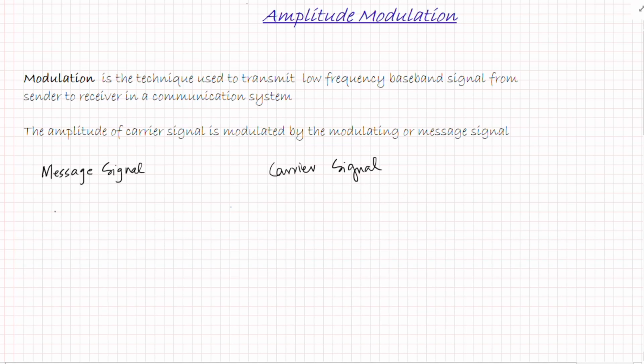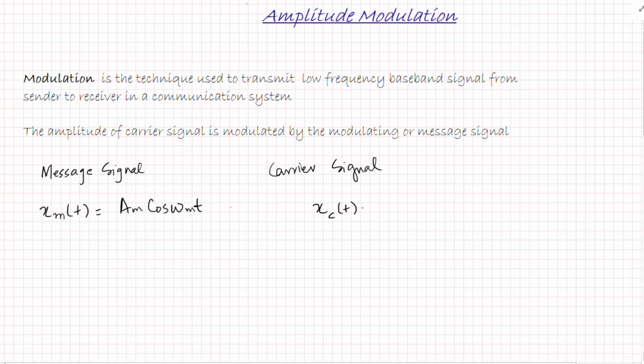Where message signal x_m(t) is given by A_m cos(omega_m t), and the carrier signal x_c(t) is given by A_c cos(omega_c t).